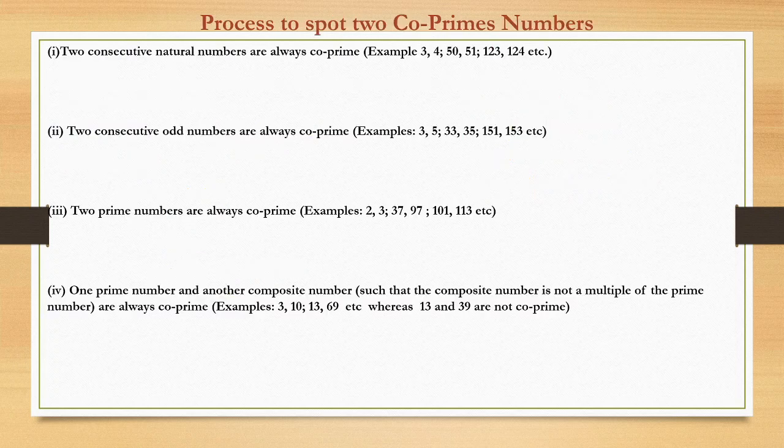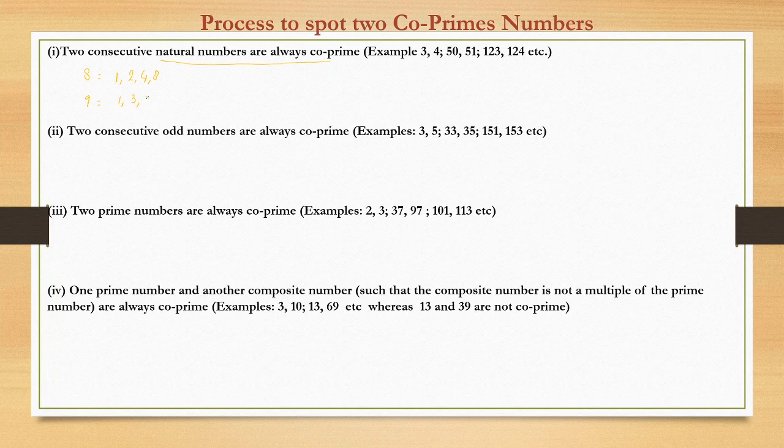So now we'll see some standard processes to spot two co-prime numbers. First, any two consecutive natural numbers are always co-prime. So let us take 8. The factors of 8 are 1, 2, 4, 8, and the next natural number is 9.